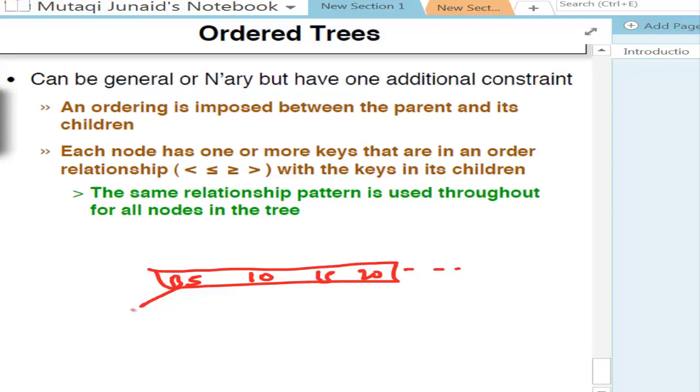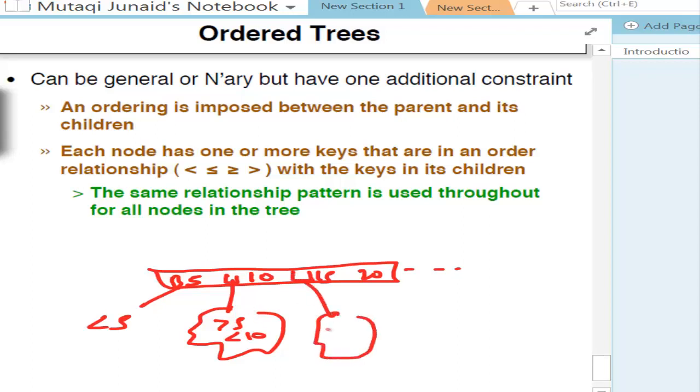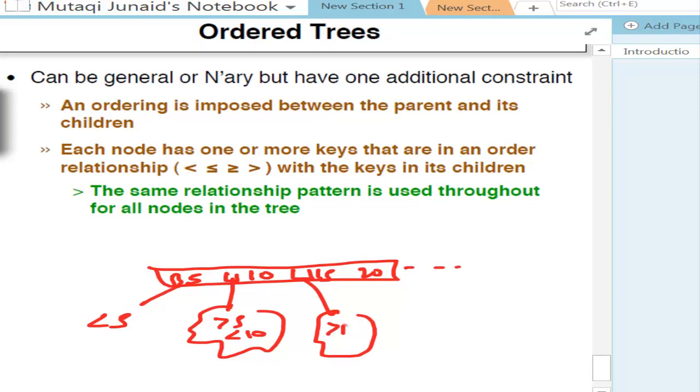It has to be all less than 5. And here this is something, all nodes which are greater than 5 and less than 10, so all those keys belong there. And here similarly we can have greater than 10 and less than 15, and so on, like here greater than 15 and less than 20, and you can have as many keys as you like.